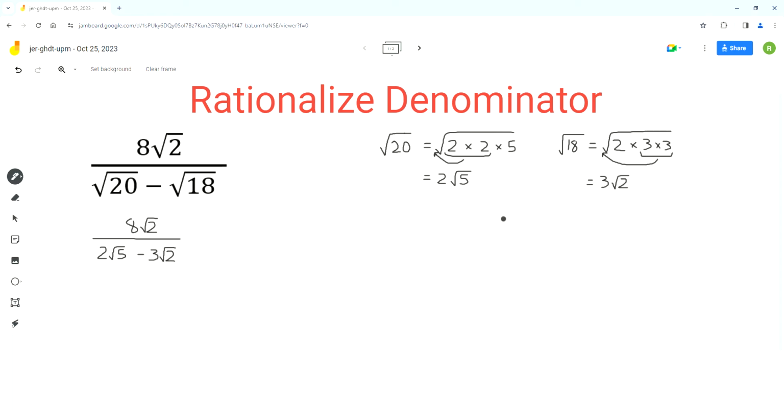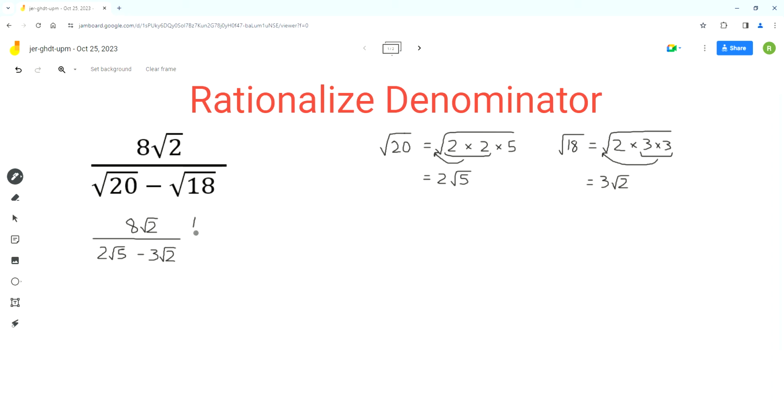So it's important to simplify the given radical terms because it becomes easier to rationalize the denominator or get rid of the square root. Now here we'll have to use the conjugate method to get rid of the radical or the square root in the denominator. So in the conjugate method, we multiply the numerator and the denominator by the denominator expression, but with the opposite sign.